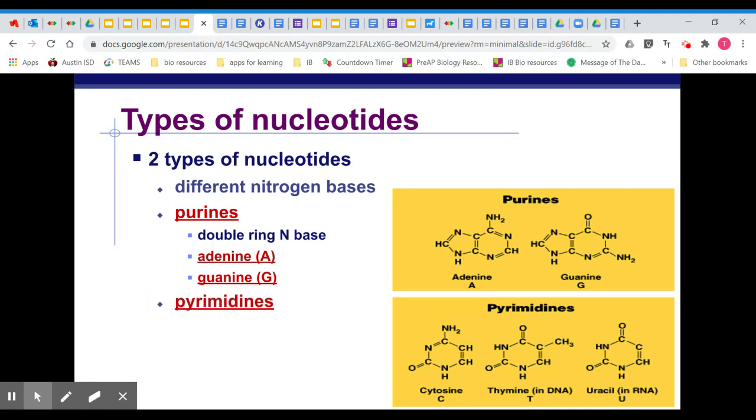And then your pyrimidines are a single ring. And if you remember your base pairing rules, you always have a purine base pairing with a pyrimidine. And that actually maintains the distance, interestingly. So your cytosine, thymine, and uracil.